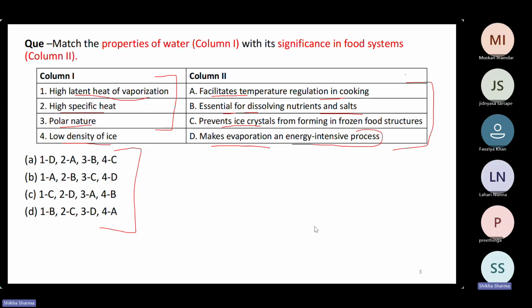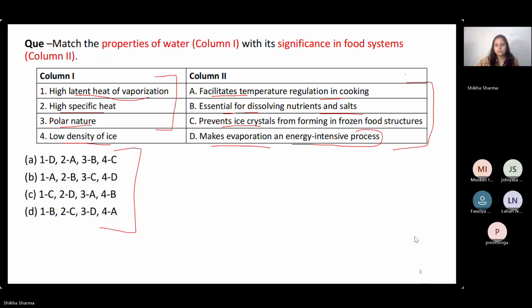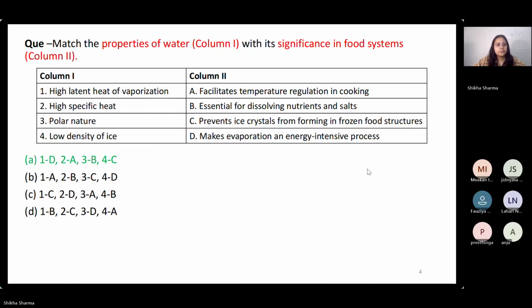So let's see the answer of this question. Hosea is saying A. Anyone else who would like to answer this question? Okay, let's discuss the solution part. So she's correct. Answer A is correct here.